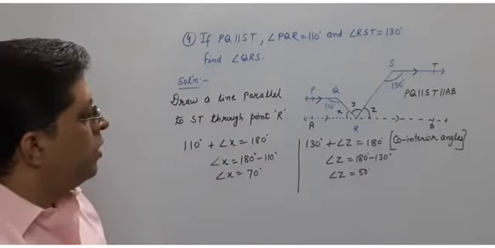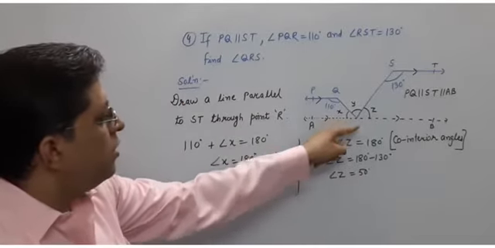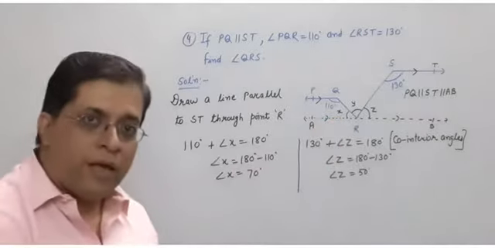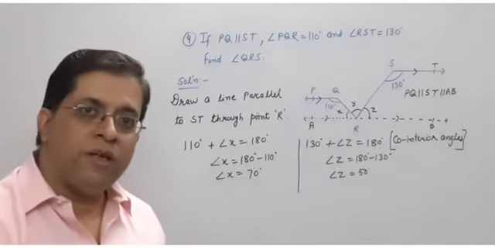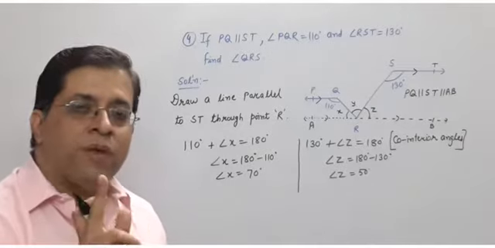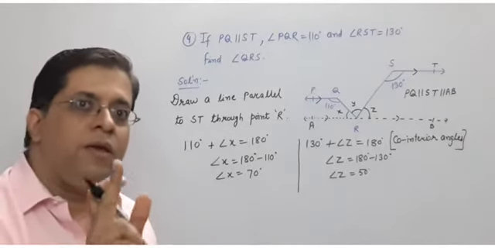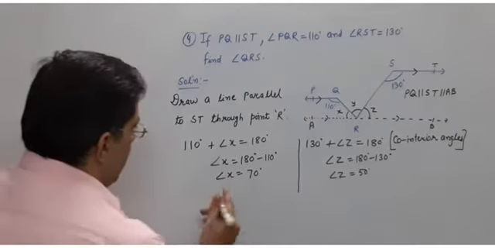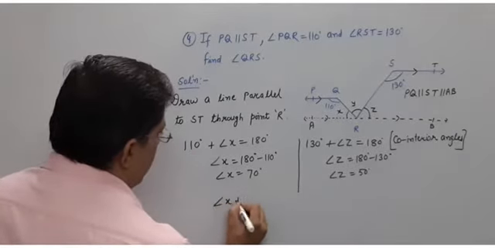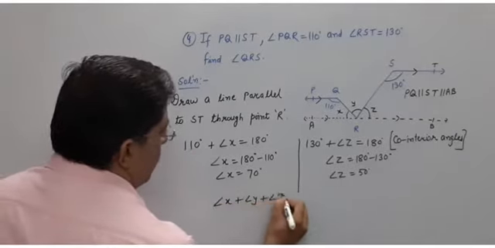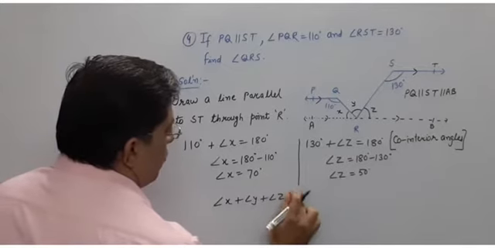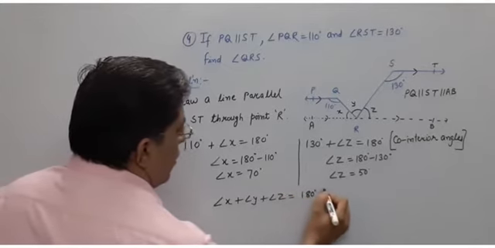Now see, X, Y, Z, these three are angles on a straight line. We know that angles on a straight line are 180 degree. Angle X plus angle Y plus angle Z is 180 degree.